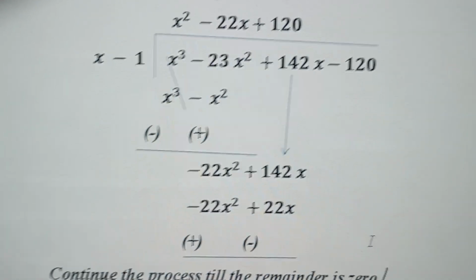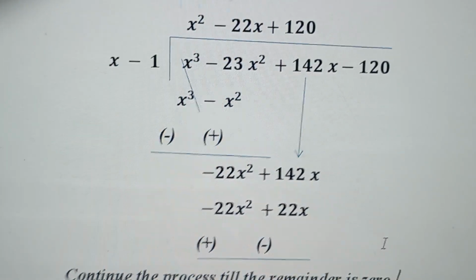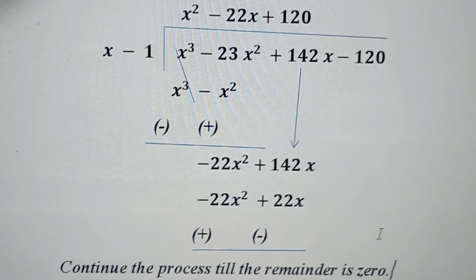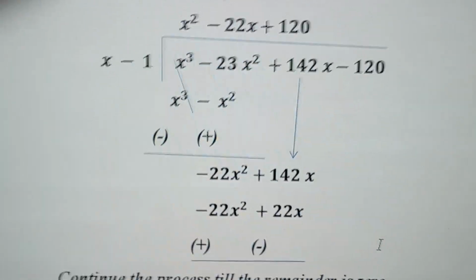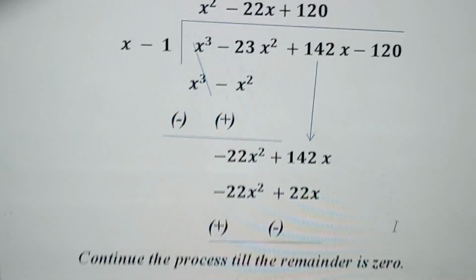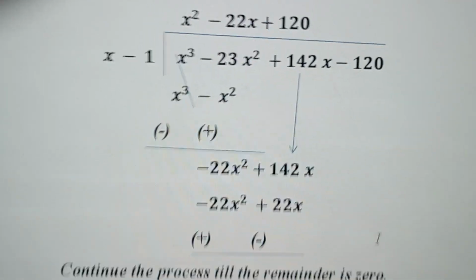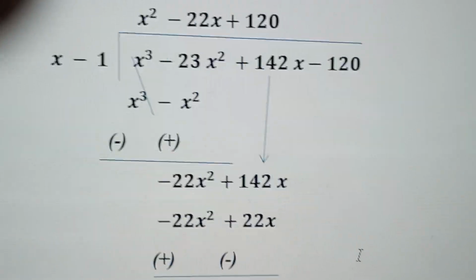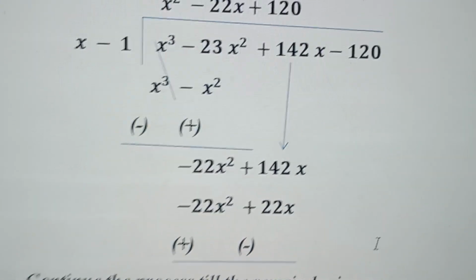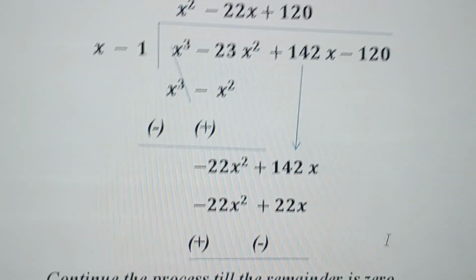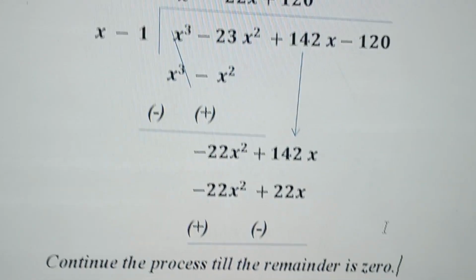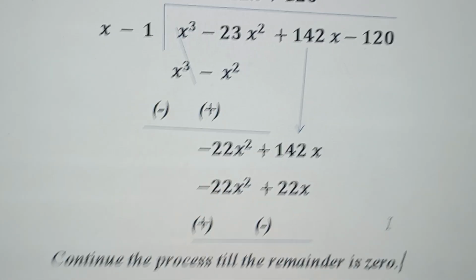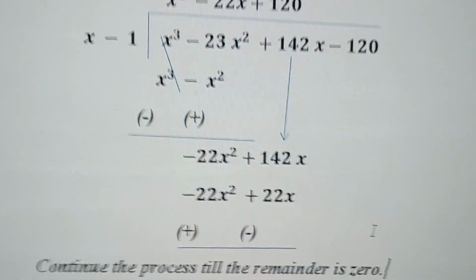When you multiply x minus 1 by x squared, we get the first term in the quotient. Here, what is the dividend, by the way? The polynomial itself, x cubed minus 23x squared plus 142x minus 120 is the dividend, and the divisor is the factor x minus 1.